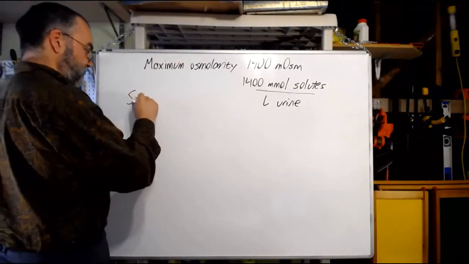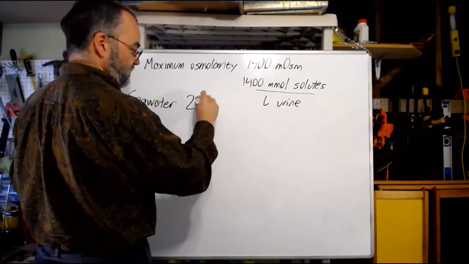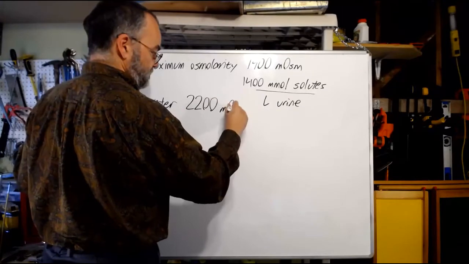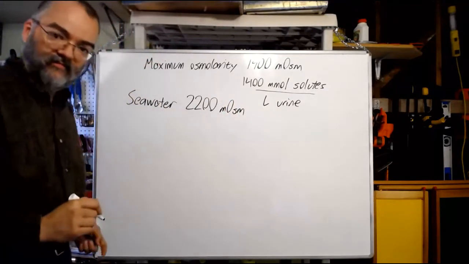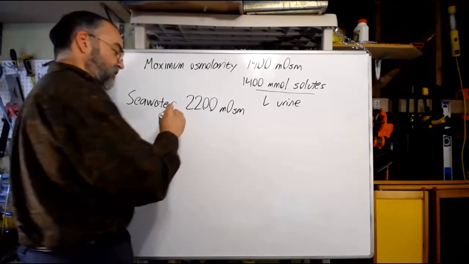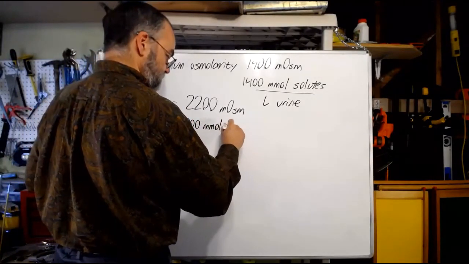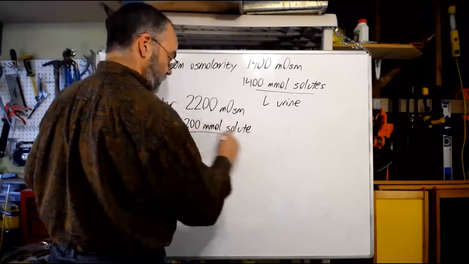Seawater is about 2,200 milliosmolar. So it's got about 2,200 millimoles of solutes per liter of seawater.